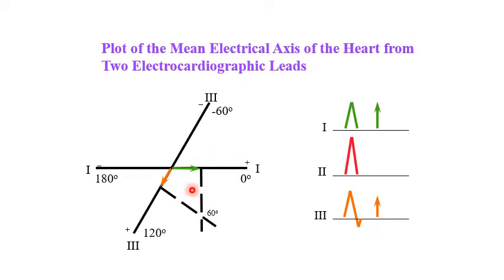Then we can draw the axis in the middle here, running through the intersection, like this. Then we can know the angle here. This is going to be the cardiac axis, or mean electrical axis of the heart.